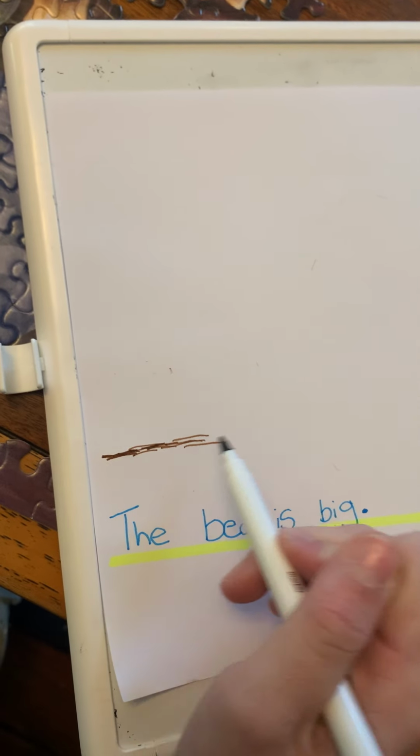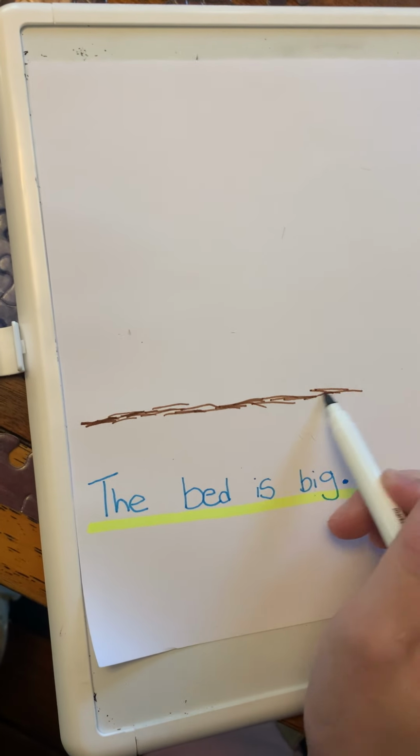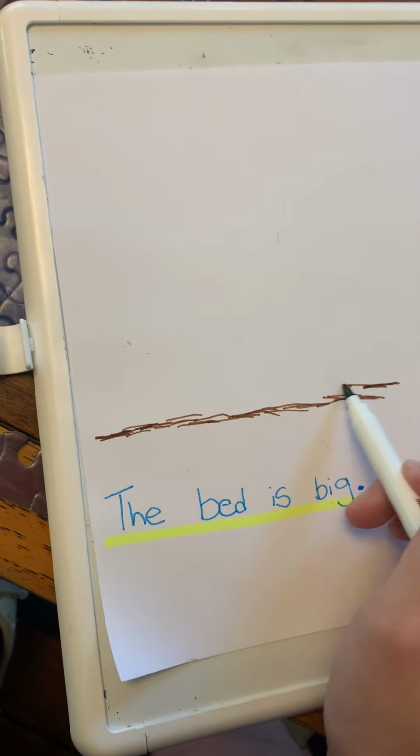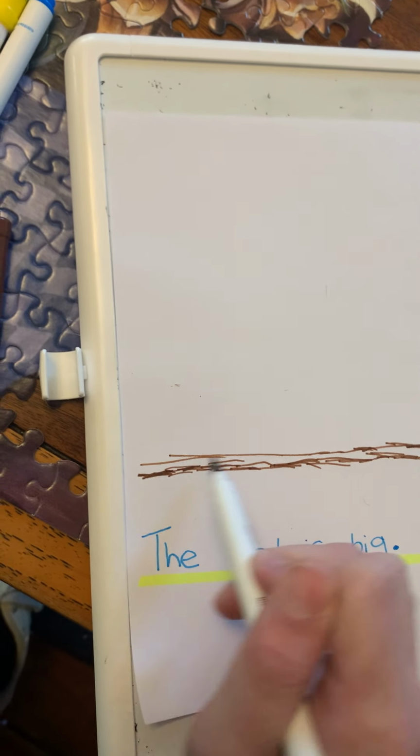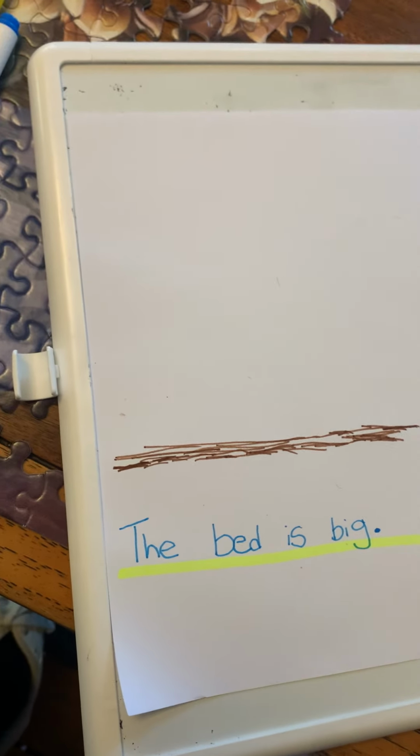Again, bear with me because my coloring is not going to be very good while I'm also videoing. So sorry about that, folks. All right, so we've got a brown floor.